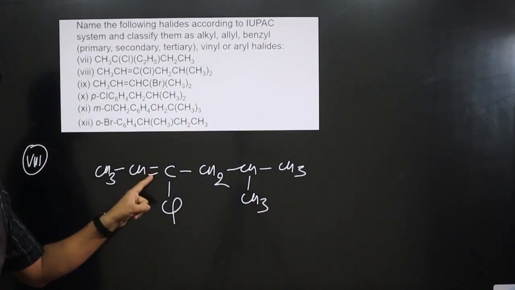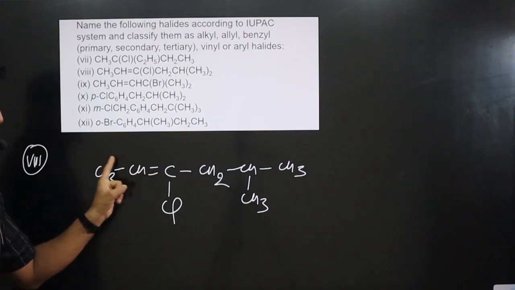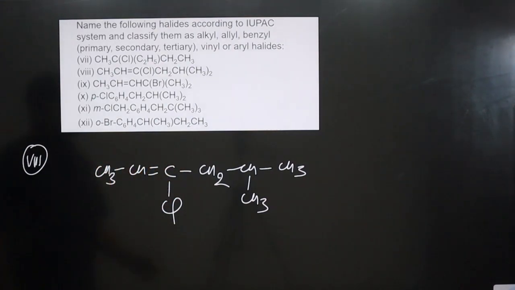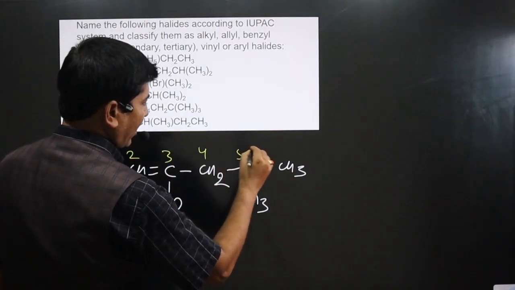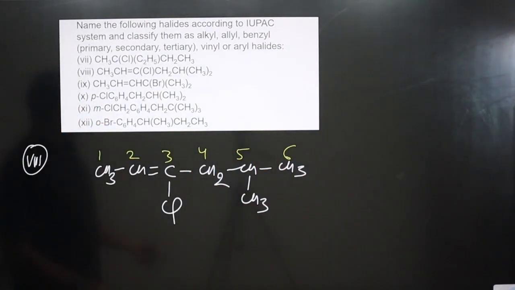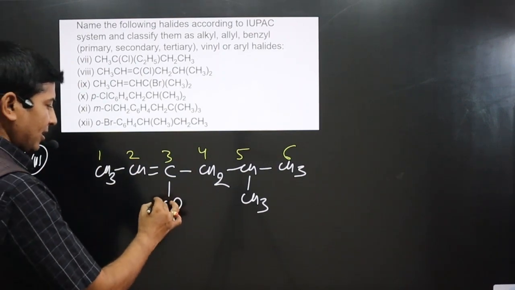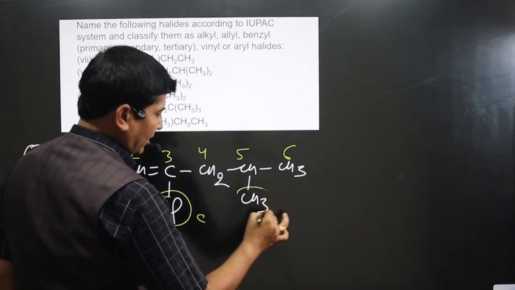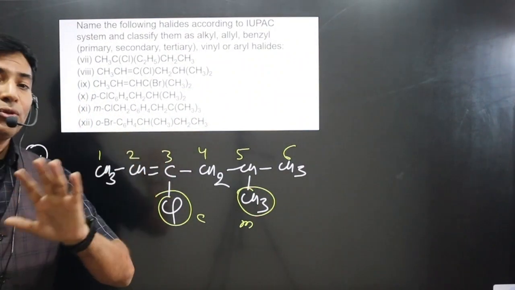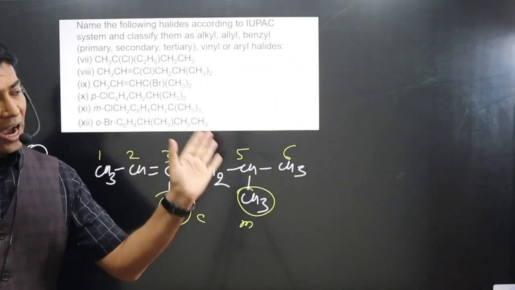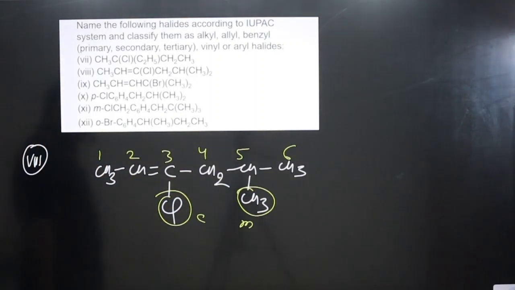You can see the priority group is given here, the double bond. Then we have to start numbering from this side. So numbering is 1, 2, 3, 4, 5, and 6 is there. Branching we can write in alphabetical order: starting from C, chlorine is there, starting from M, the methyl group is there. And keep in mind for a double bond there is no prefix, we always write it after the parent chain only.